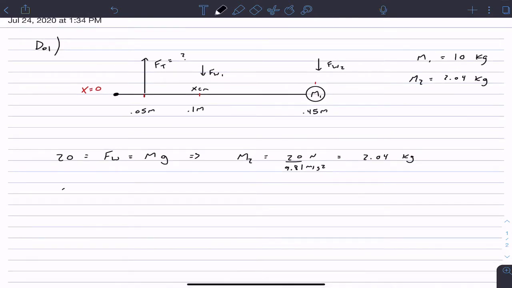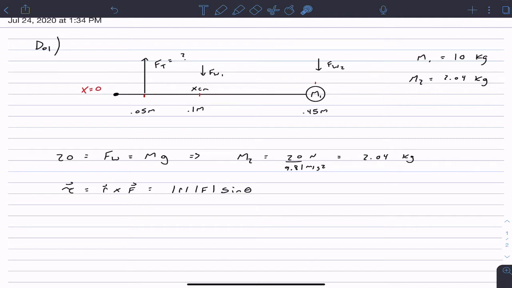Let's recall that torque is equal to r cross F, which is r F magnitudes times sine theta. We have three forces here: a weight force here, a weight force at the center of mass, and a tension force that's pulling upwards.